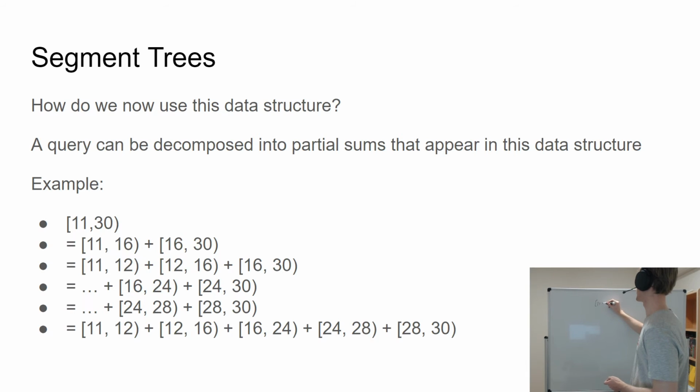If we're trying to find the sum from 11 to 30, not inclusive of 30, we can first of all pull out a solid divide that we want.